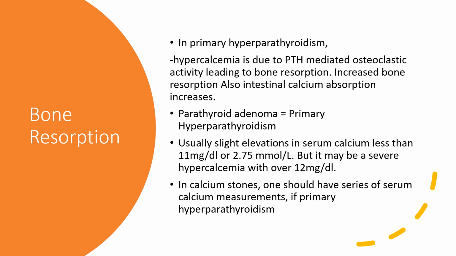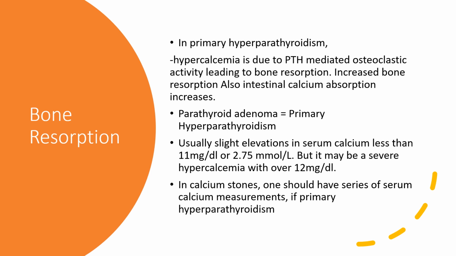By that, we will have increased bone osteolytic activity going on, and the osteolytic activity will lead to more calcium being released from the bone into the circulatory system. We can also have increased intestinal calcium absorption and parathyroid adenoma in the face of primary hyperparathyroidism.